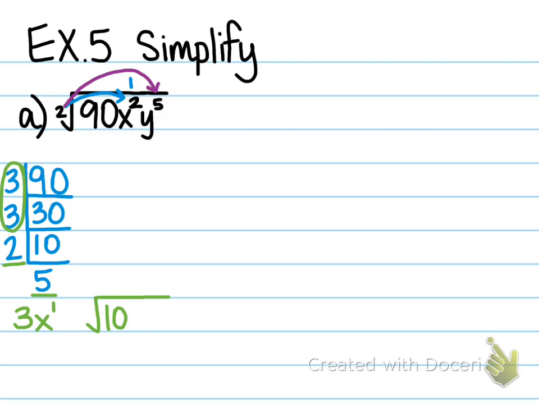Well, 2 will go into 5 2 times evenly, and then I have 1 remainder. So the y squared gets to come outside, but that 1 remainder has to stay inside. So to simplify this problem, I would just drop the 1 exponents. So I would just say 3xy squared times the square root of 10y.